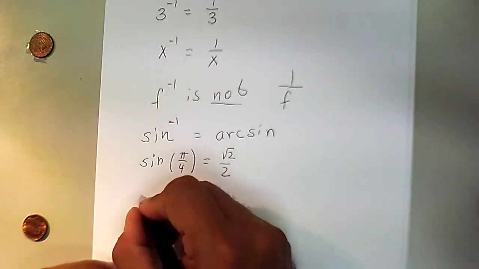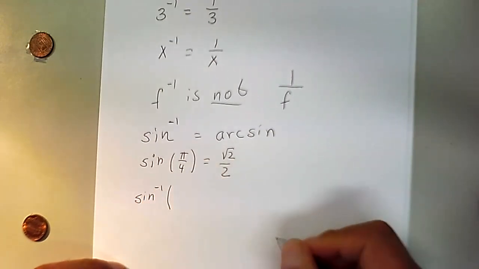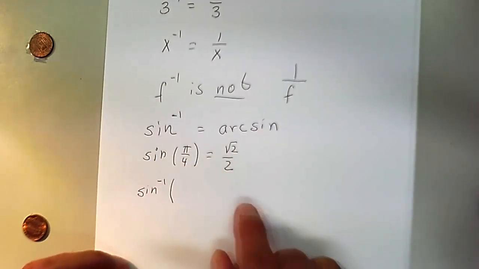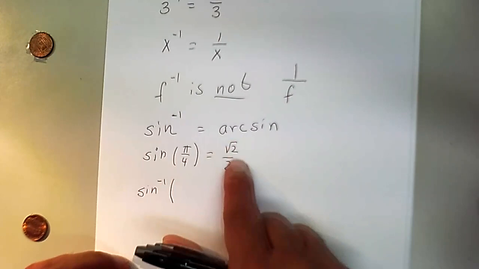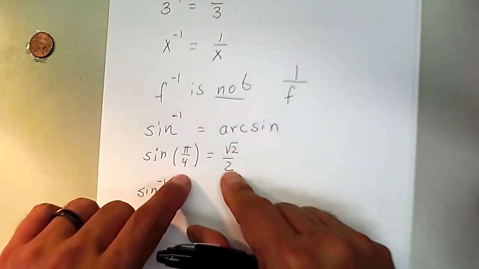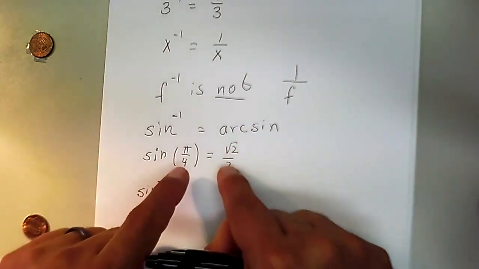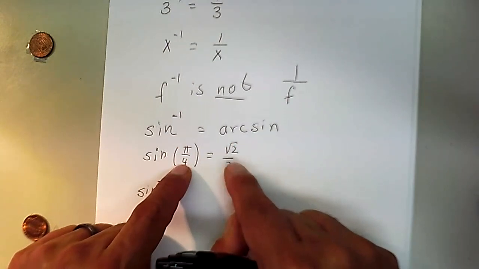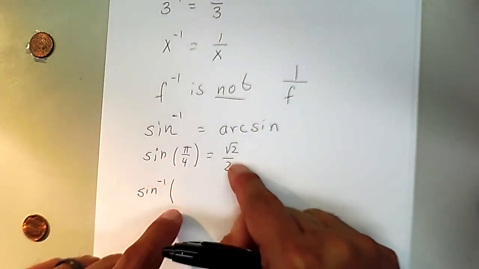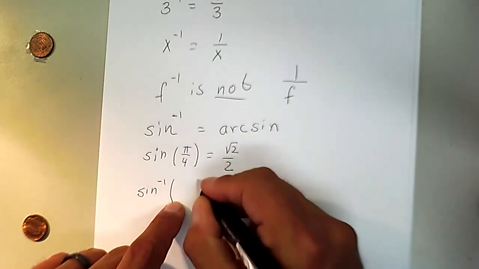So what can we say about the arcsine? You don't need to know trigonometry to know this. Even if you don't know what that number means, we can see them. If the sine of this input is equal to that output, what is the sine inverse of what equals what? What can we say?